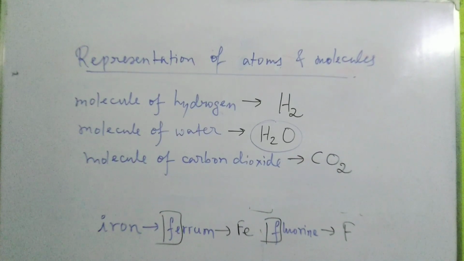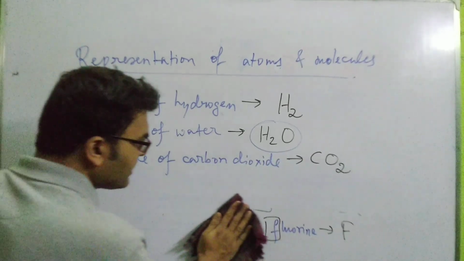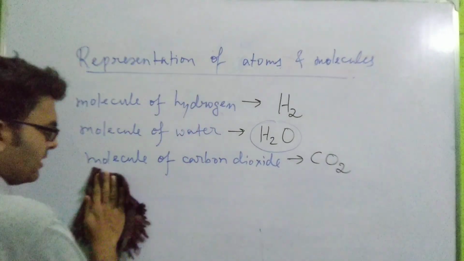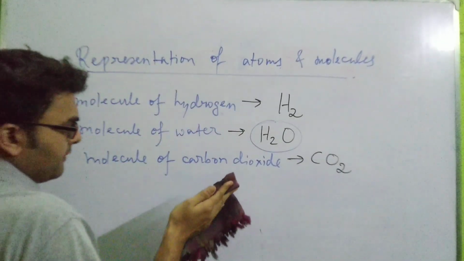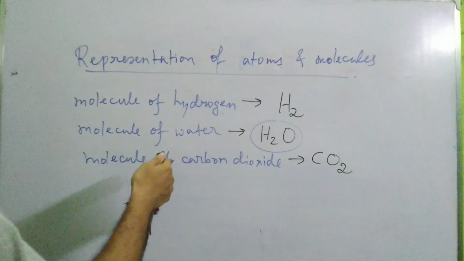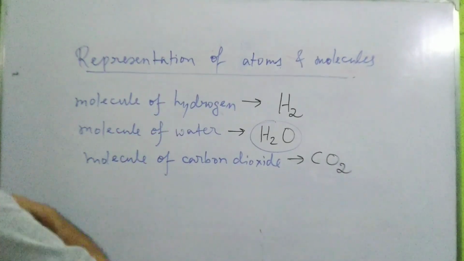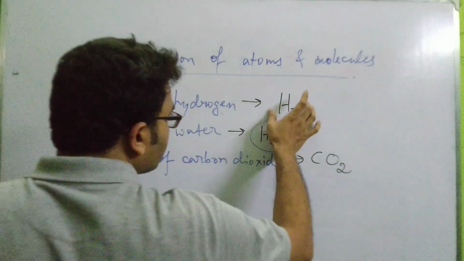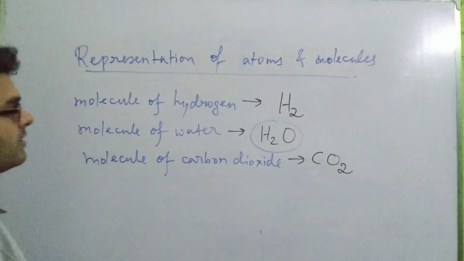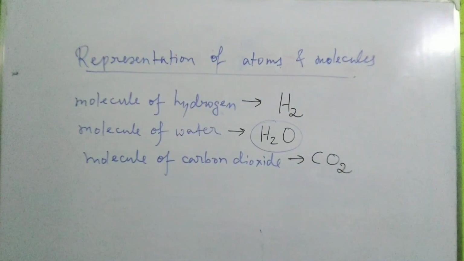Fine. So this is how the various molecules are represented. If we consider the molecules of compounds, they have atoms of different kinds, whereas a molecule of an element consists of atoms of the same kind. So this is how the atoms and molecules are represented.